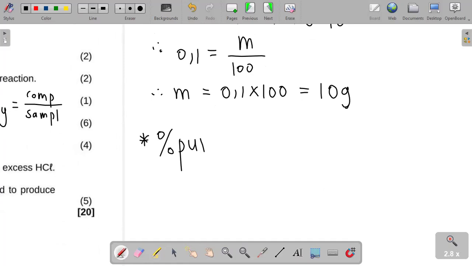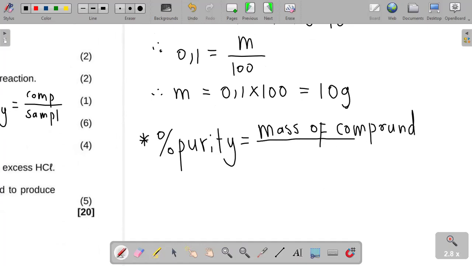Now, the percentage purity then is going to be mass of compound divided by mass of sample, multiplied by 100.